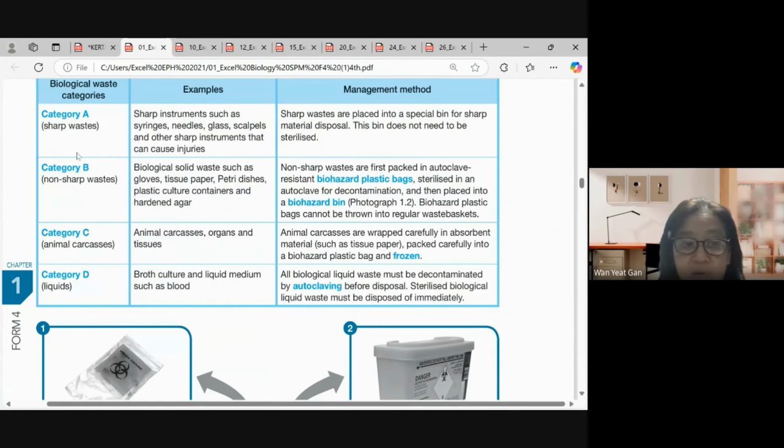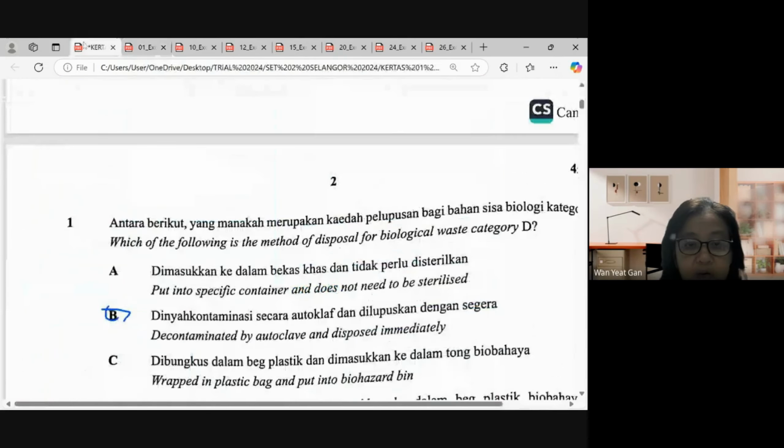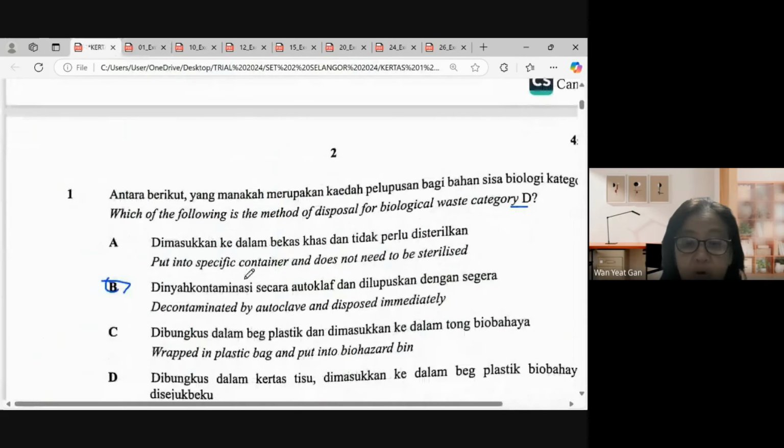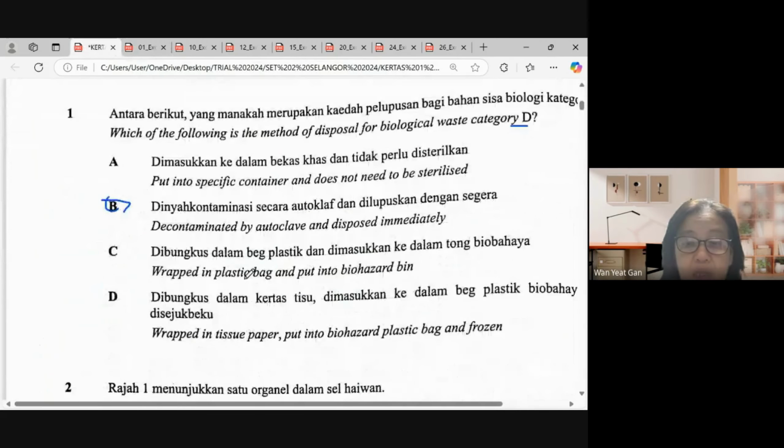For the rest, category A is sharp waste, category B is non-sharp waste, category C is animal carcasses, and category D is liquid. So for this question, the answer is B because this is category D. We decontaminate them by autoclaving and then we dispose of them immediately.